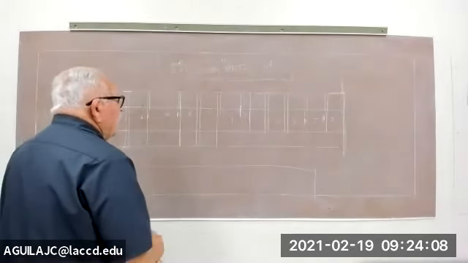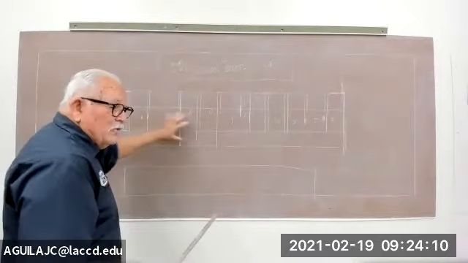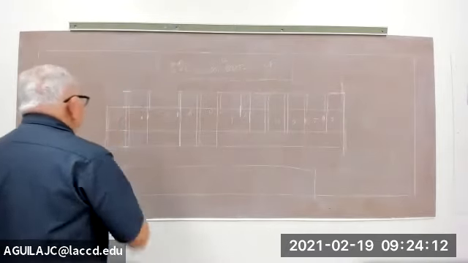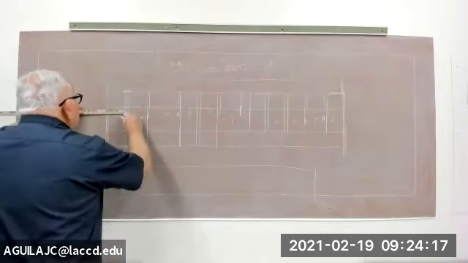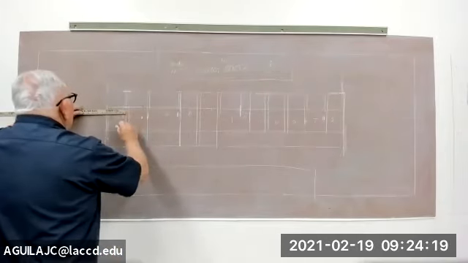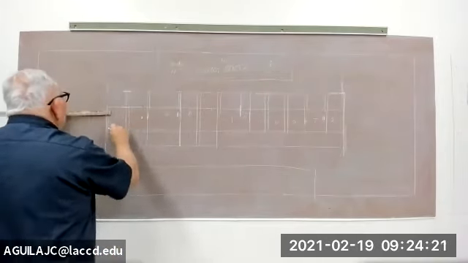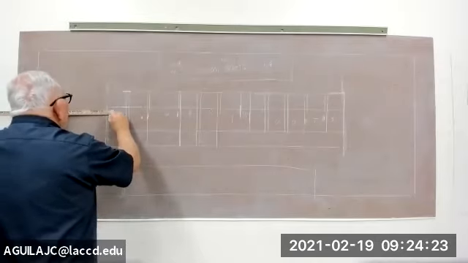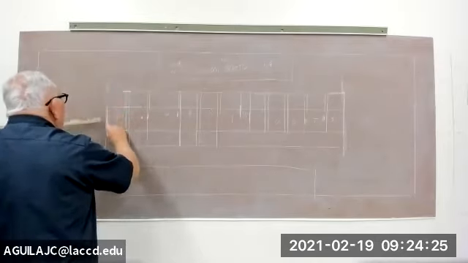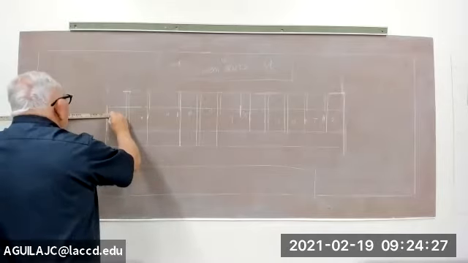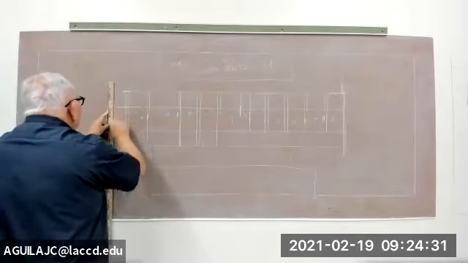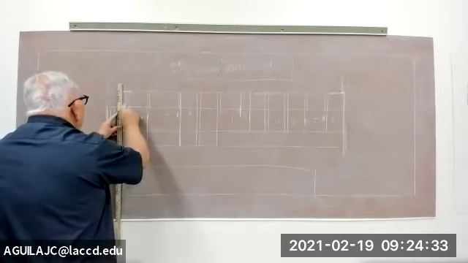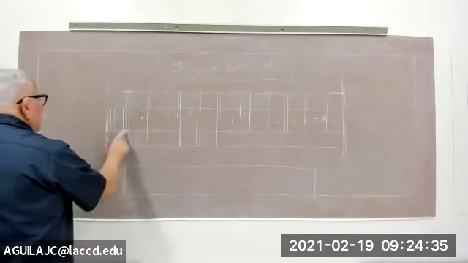Okay, now that I have these so-called bars, I need to put in my vertical stems. What I'm going to do is use 3/4 of an inch for my vertical stem. So I'm going to come in about 3/4 of an inch from the edge of my letter, and I'm going to put in a stem. Everybody see that?